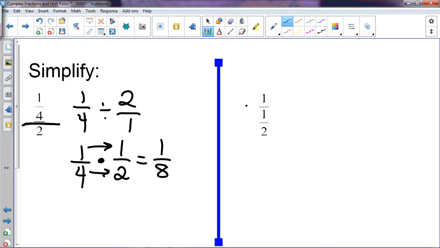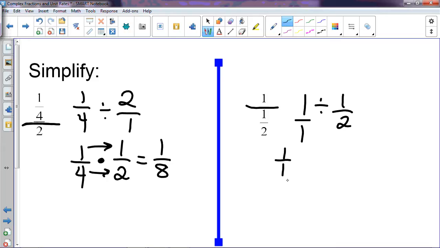This second example here, first thing you want to do is find that fraction bar that's dividing your problem. So now we can rewrite it: 1 divided by 1/2. Again, we have a whole number, so to change any whole number to a fraction, we just put a 1 underneath. Now we're dividing fractions.